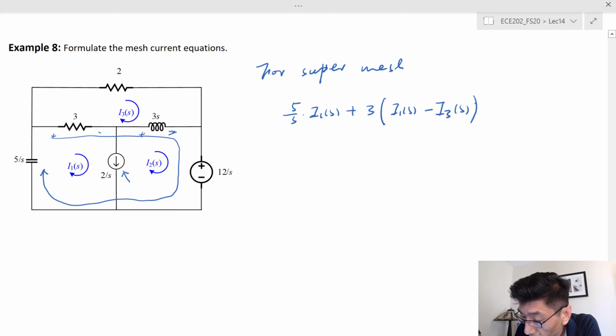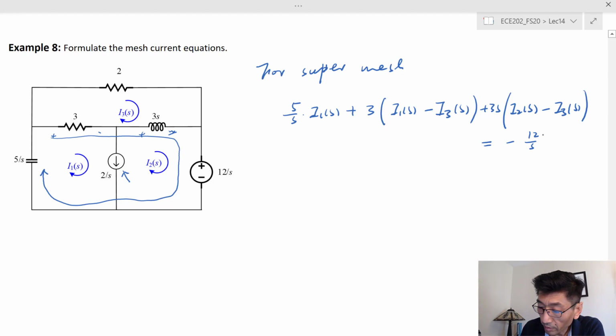So this voltage here is 3s times I2 minus I3, and that's equal to the voltage rises, and in this case we have negative 12 over s, right?